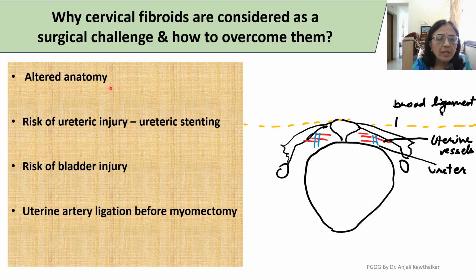So much of change in the anatomy is there, and a surgeon should be aware of that. Risk of ureteric and bladder injury is greater if surgeon is not aware of the altered anatomy. Ureteric stenting might prevent ureteric injury. Uterine arteries are to be clamped and ligated before attempting myomectomy in a cervical fibroid.